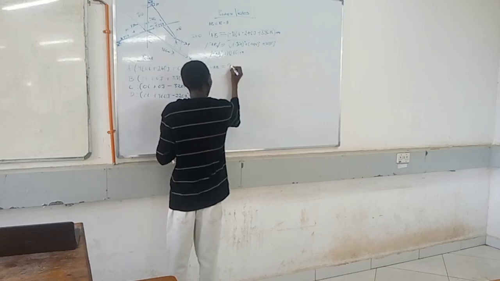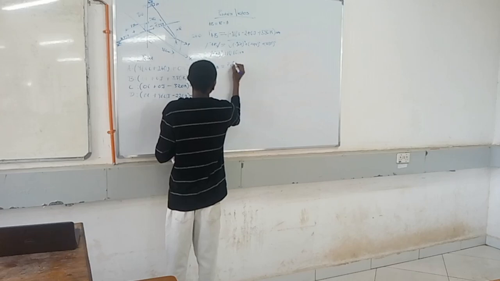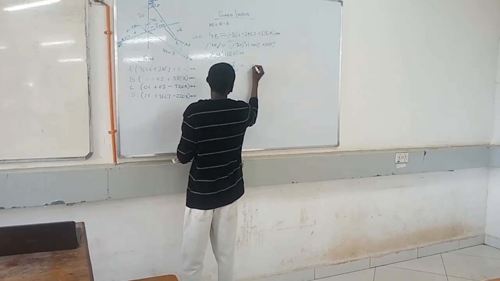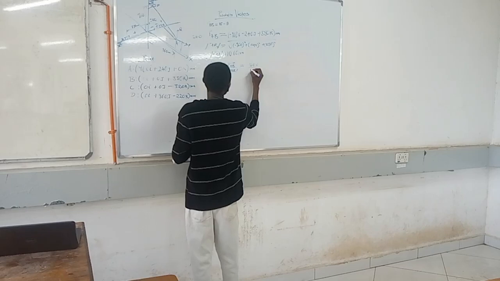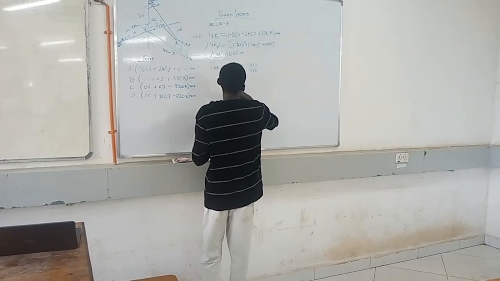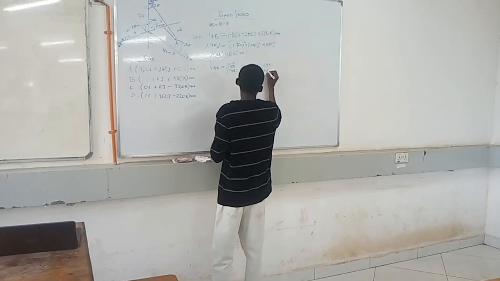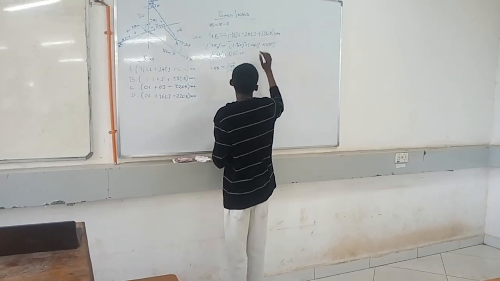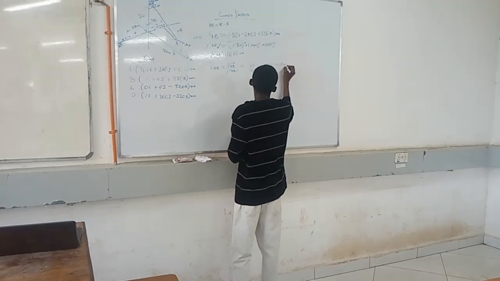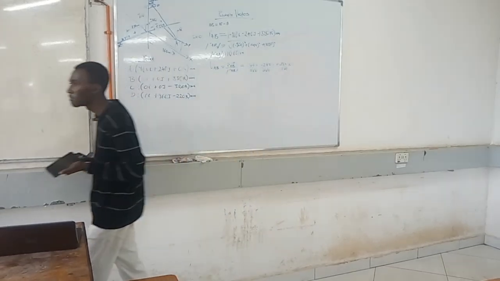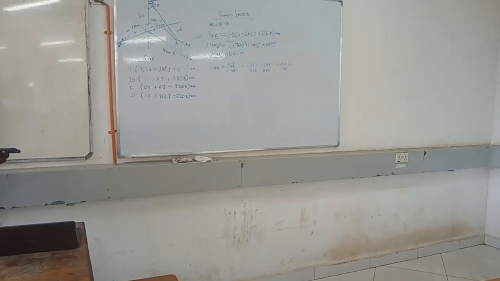We're going to find the position vector of AB over the magnitude of AB, which is equal to negative 960i over the magnitude, which is 1060, minus 240 over 1060 j, plus 380 over 1060 k. That's how you find the unit vector of AB.